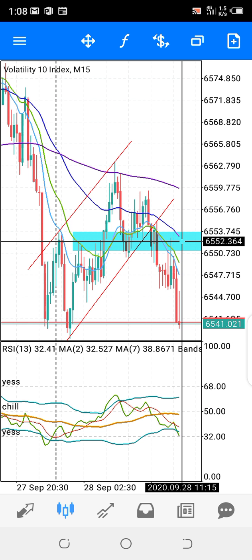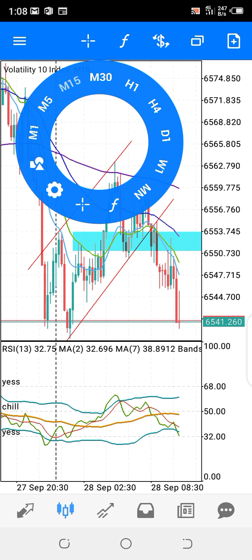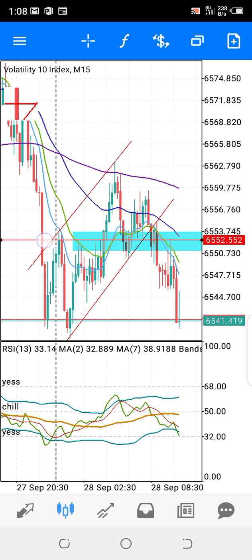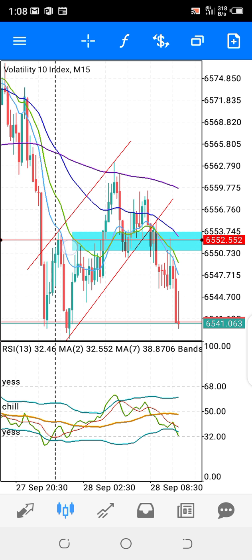If the order block is very wide, we can go to the middle of it, divide it in two, then put our line at the middle.